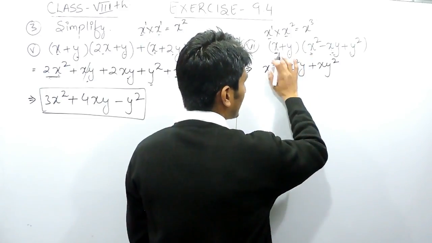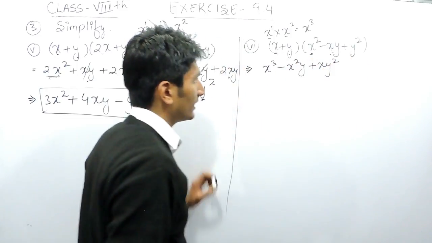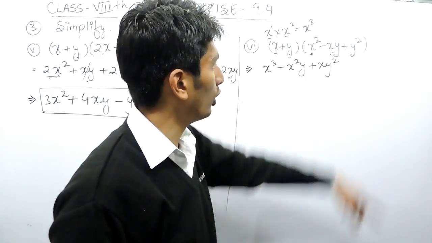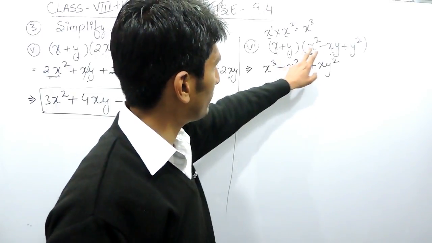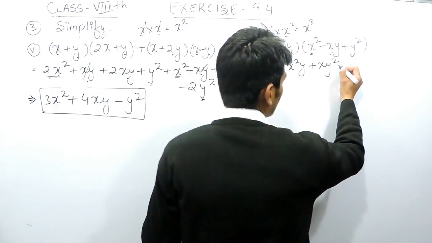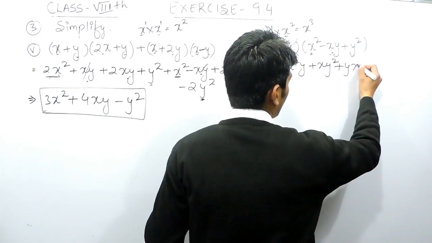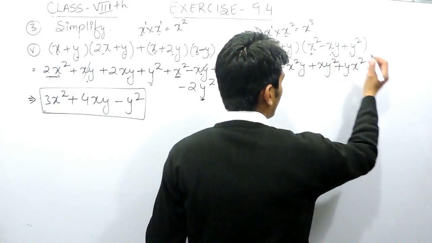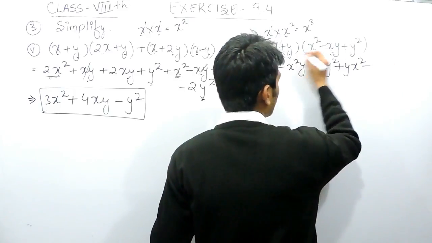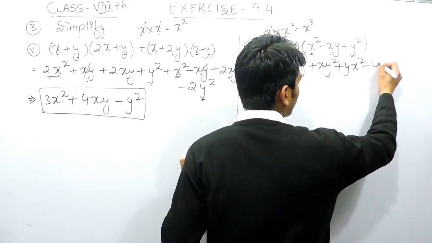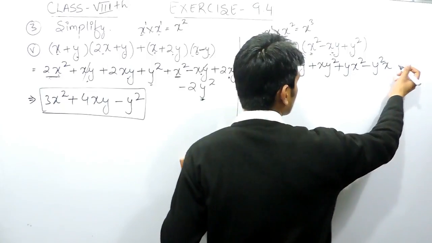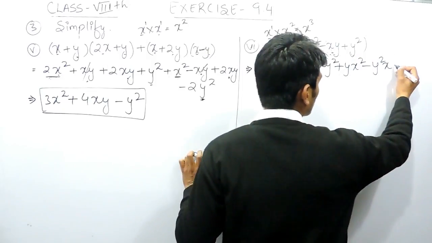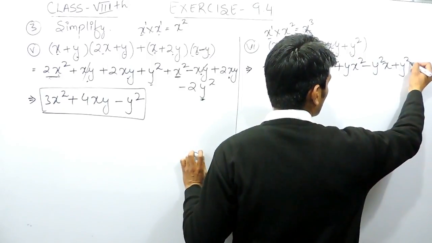Now x has been multiplied with all the terms. Now you have to multiply this y with all the terms. So y multiplied by x square will give yx square. y multiplied by minus xy will give minus y square x, and y multiplied by y square will give y cube.